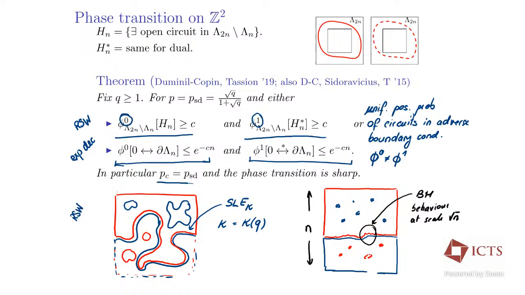So it will be extremely localized around the straight line. It will have variations of order square root n, and if you zoom in, it's going to look a little bit like Brownian motion. This is not proved yet, but almost. Are there questions about this?